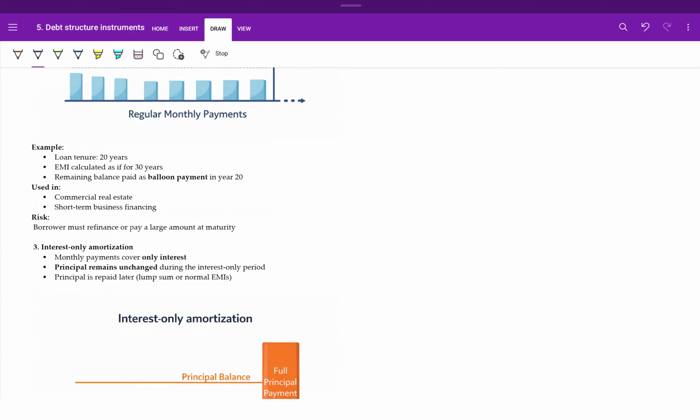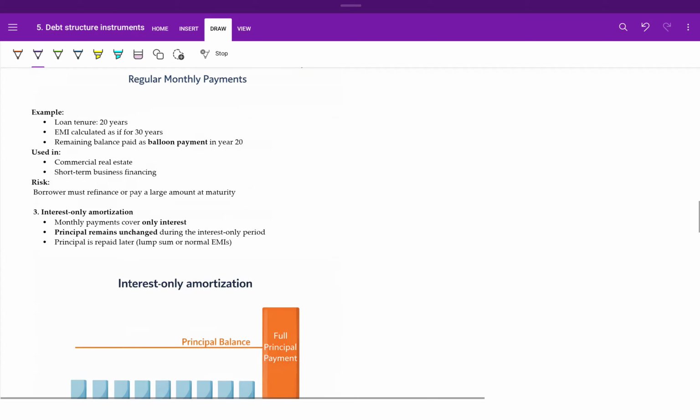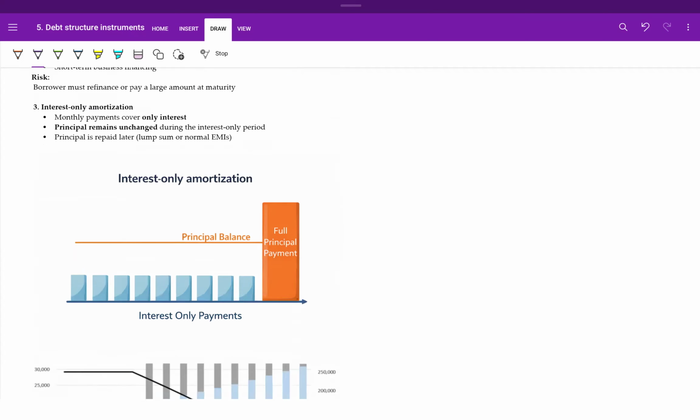When we talk about interest-only amortization, as the name signifies, it's interest-only payment initially and covers only the interest, not the principal component. The key characteristic here is that the monthly payments pay the interest component only, and the principal remains unchanged during the interest-only period.